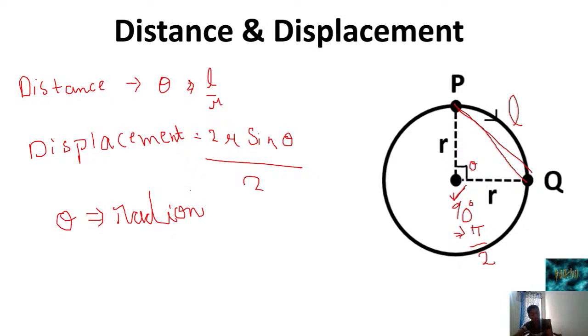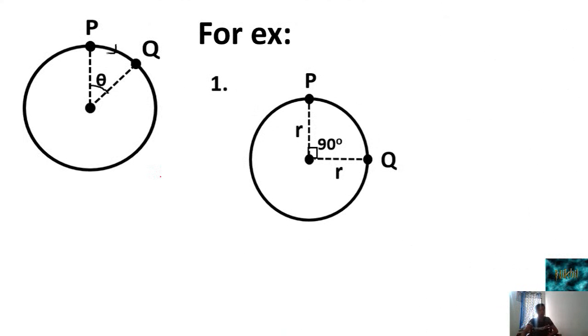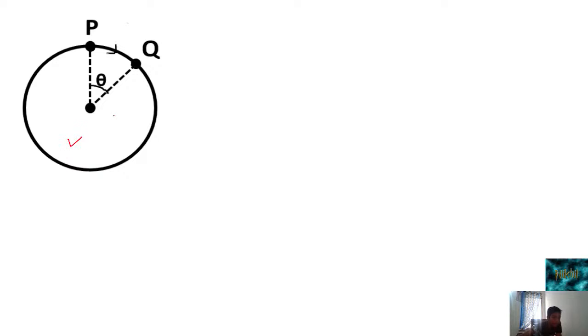Sorry for the wrong spelling of radians. Where theta is in radians. Now let's come to the next part. If we are given theta only, what will you do? The same formula, where theta is in radians.